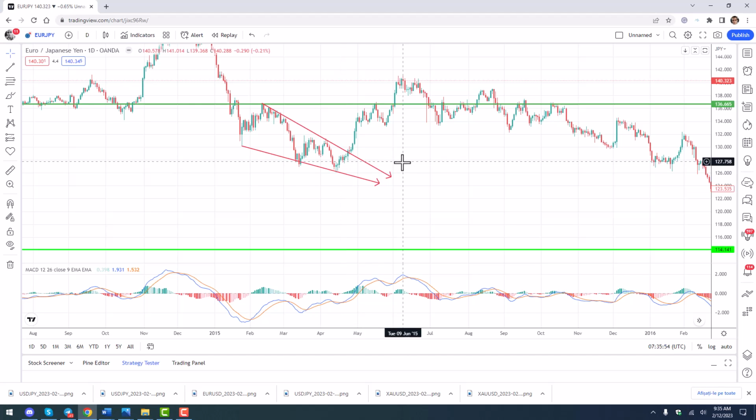This way, if it's reaching the target, you'll reach a very, very nice risk reward on such a trade.